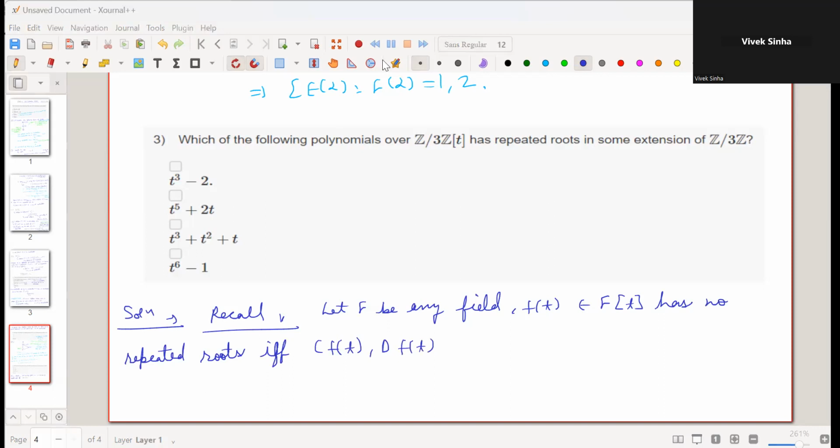Yes, you're right, Vivek. So we have to just compute the GCDs and compare.